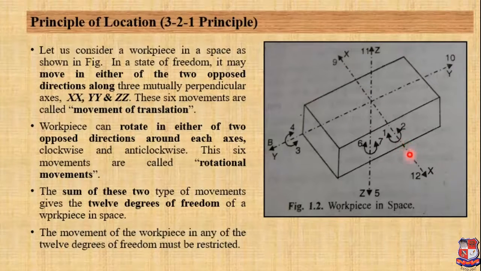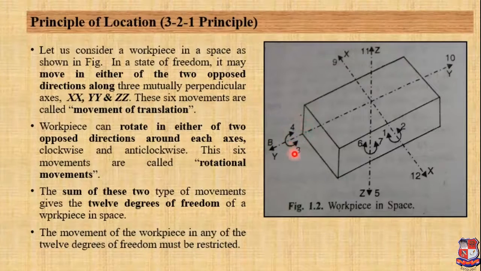Along this x-axis the workpiece can rotate clockwise or anti-clockwise in both directions. So there are 2 rotational movements about the x-axis, and these 2 movements are given the numbers 1 and 2. Similarly, if I take the y-axis, along the y-axis the workpiece can rotate in both directions, clockwise and anti-clockwise, and you can see over here these 2 movements are given the numbers 3 and 4.